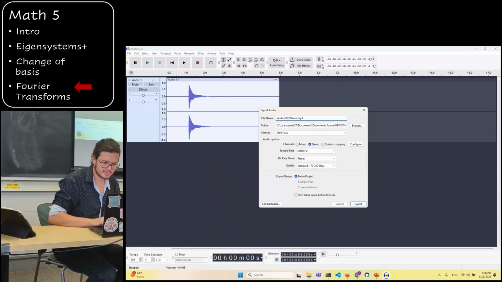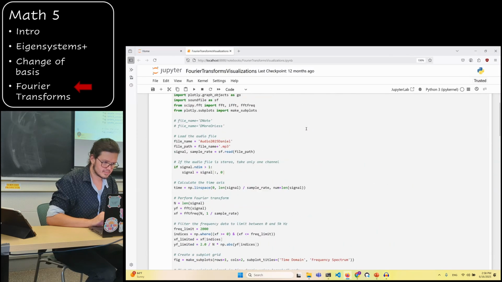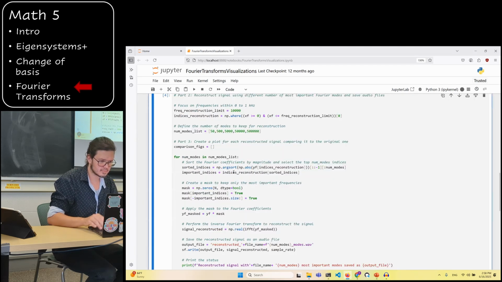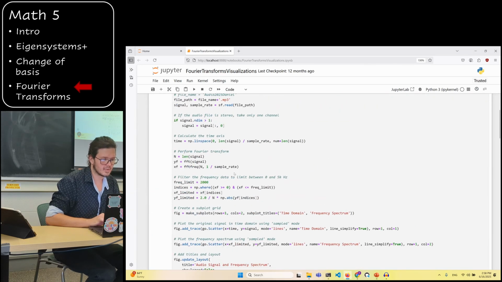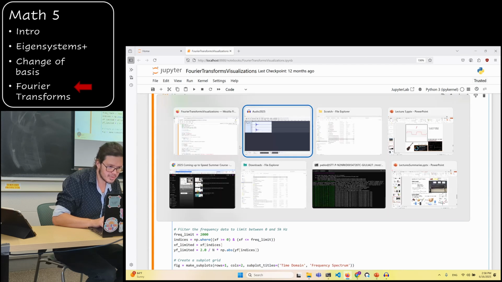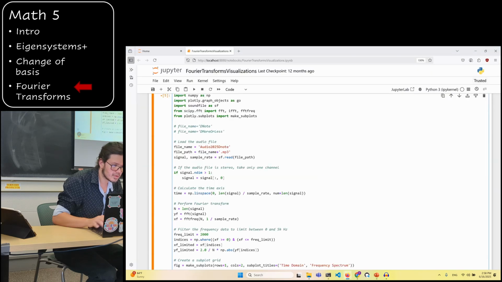D note. Did I put caps? D note, I put caps.